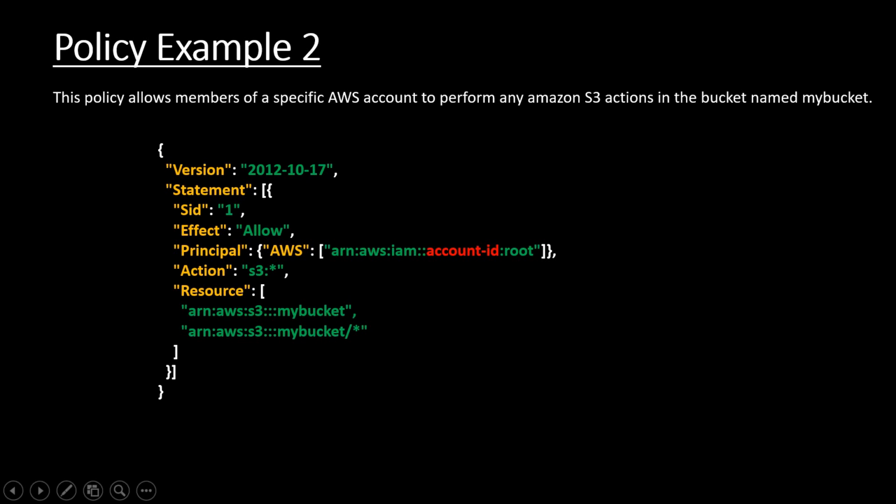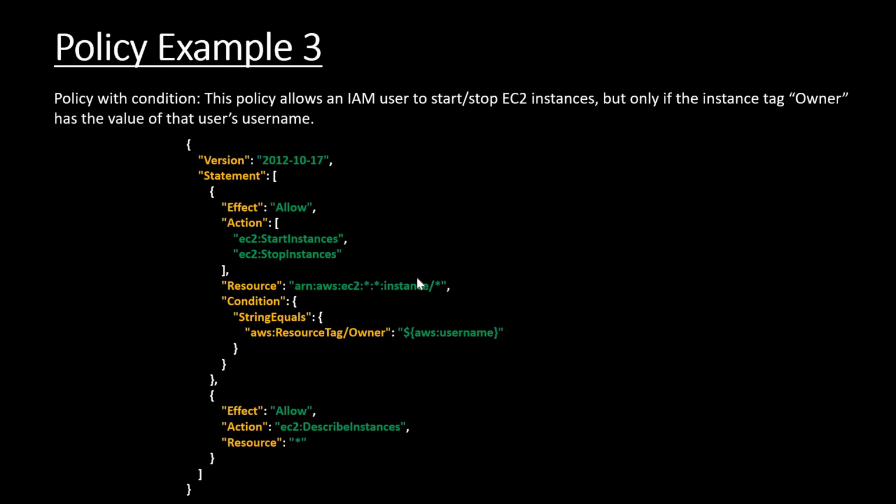Let us see one more example. In this example, we will see how we can use conditions in our policy. This policy allows an IAM user to stop EC2 instances, but only if the instance tag owner has the value of that user's username.